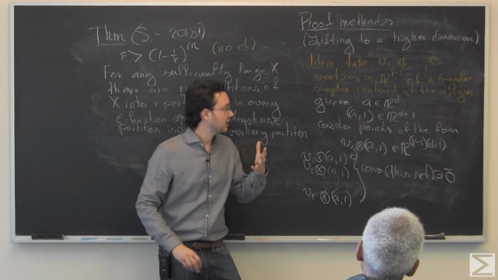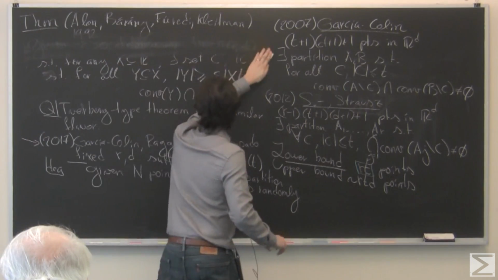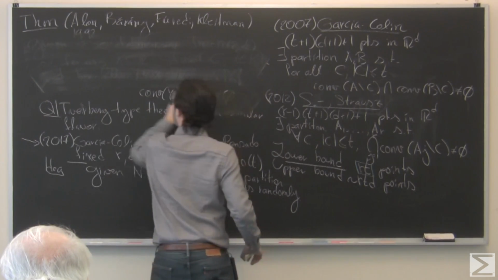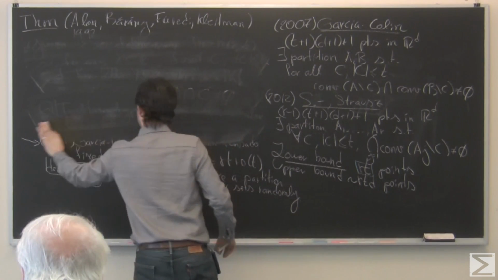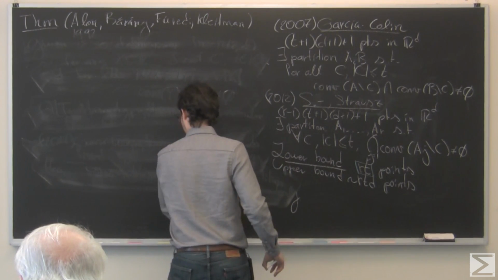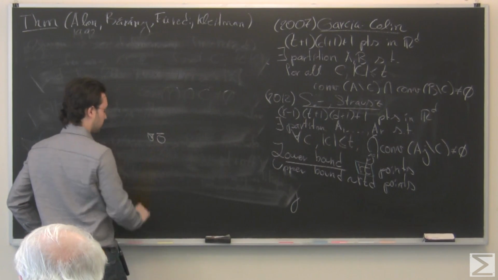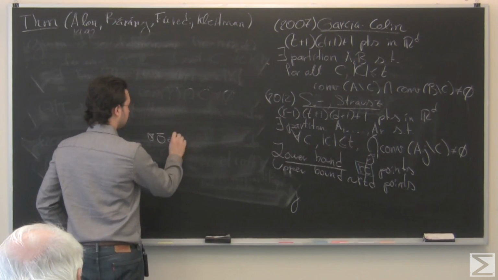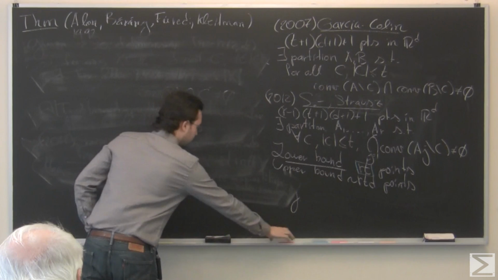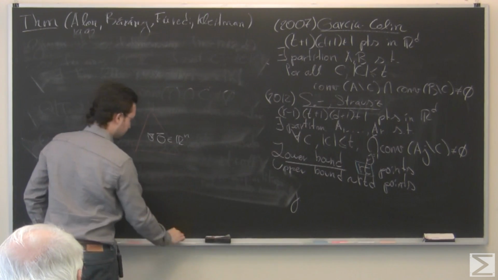Okay? There's a very nice result of this type called the colorful Carathéodory theorem, which says the following. So suppose I have here the origin in R^n, and I give you different color subsets.